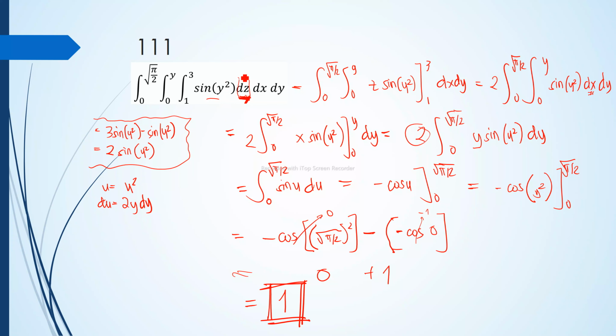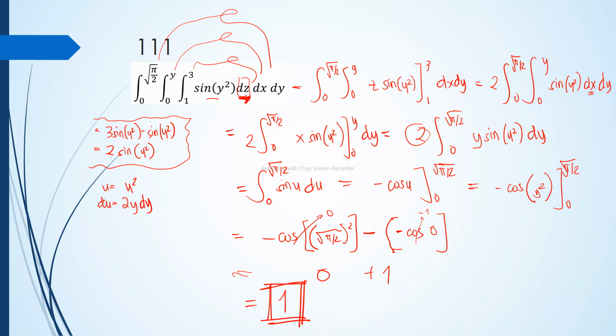So we treat them as constants and move our way in solving the given integral. Now, if you have a double integral, you start with the inner and then the outer. With the triple integral, same thing. So start with the inside, then the middle, and then the outermost.